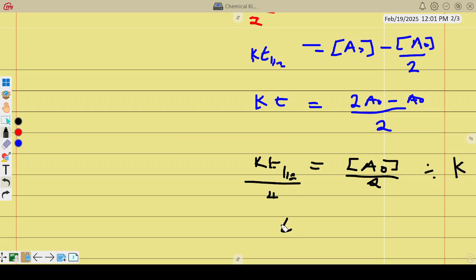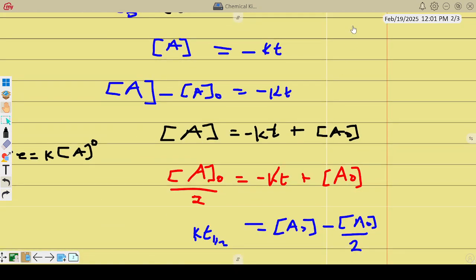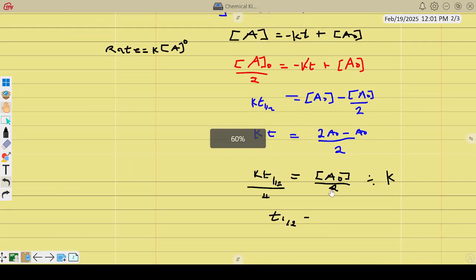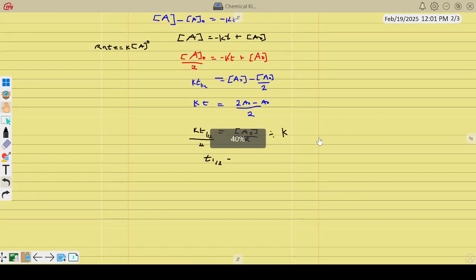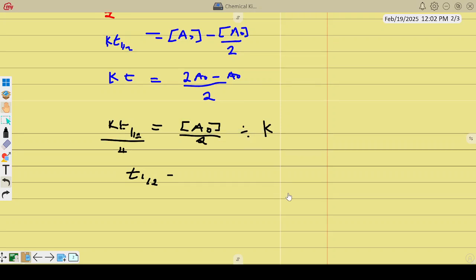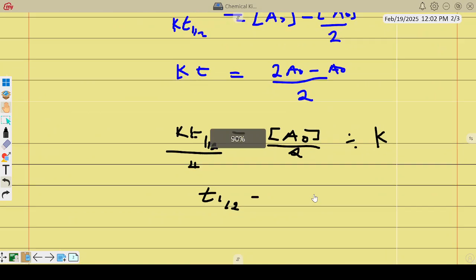So this means that the half time will be equal to... I think this is a sign that we should conclude as early as possible.